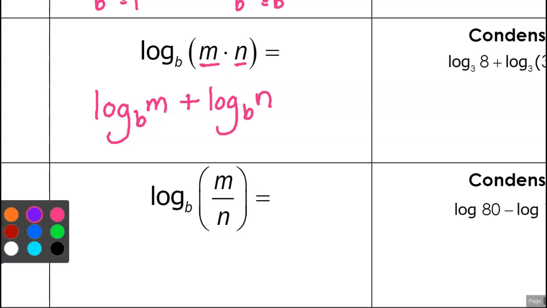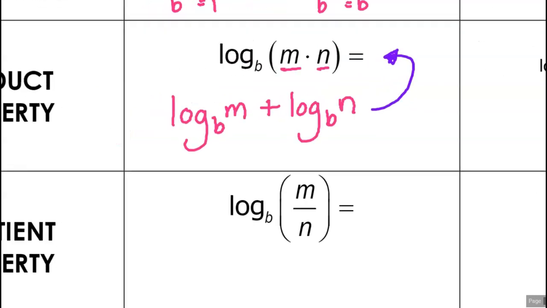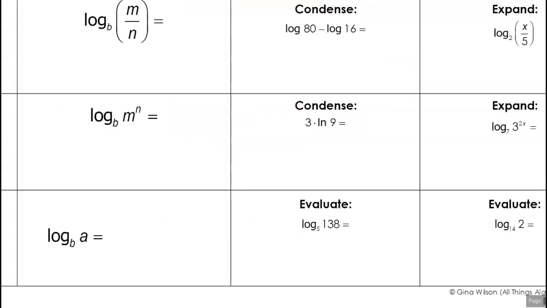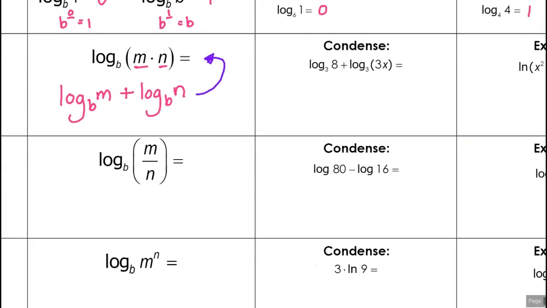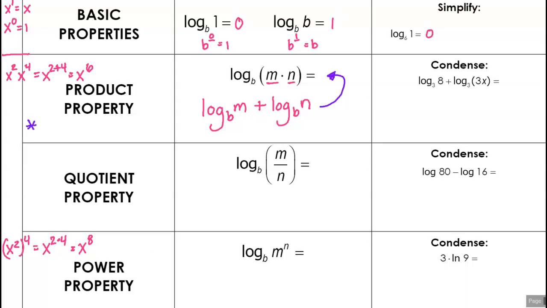Also, the reverse holds true. Whenever you see two logs with the same base, by the way, we should write that down for sure. This must have the same base.